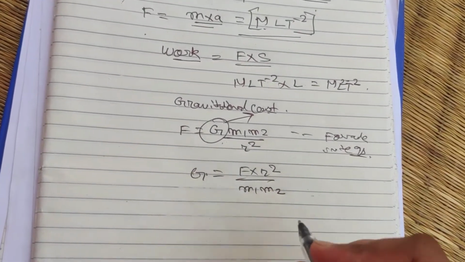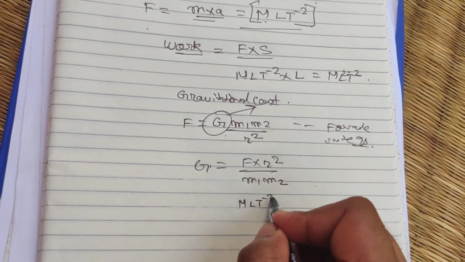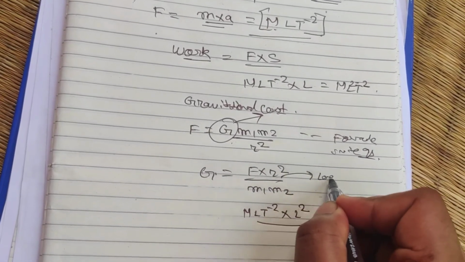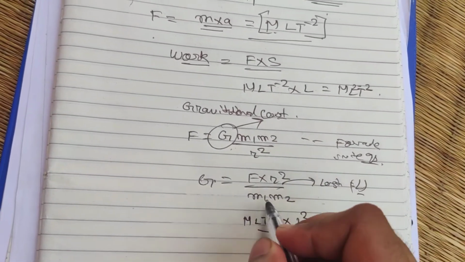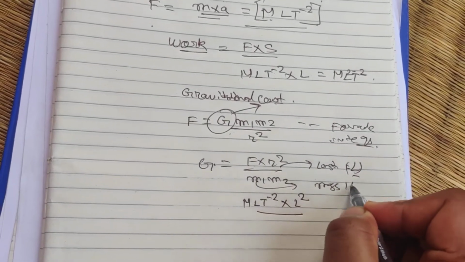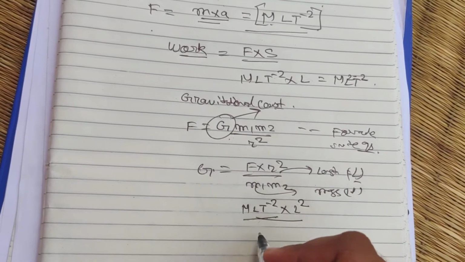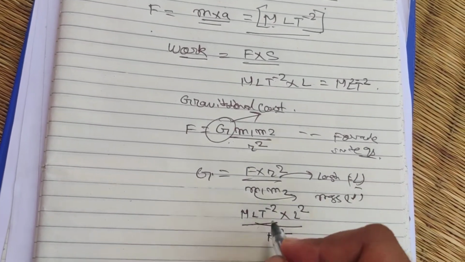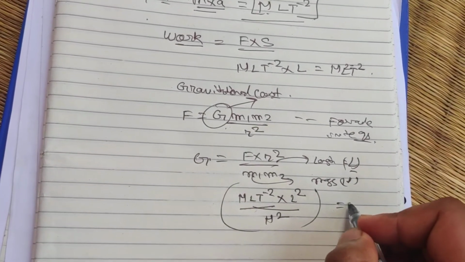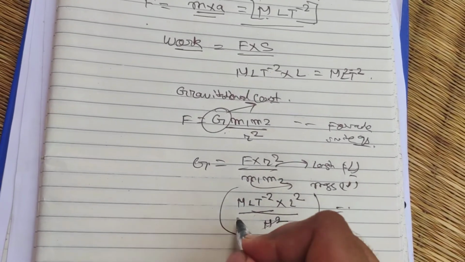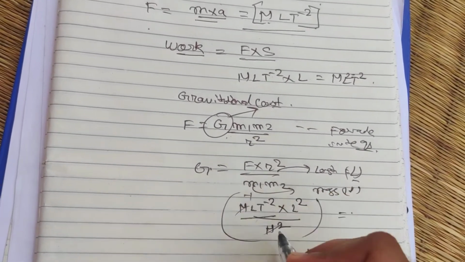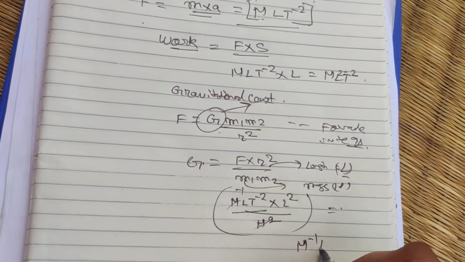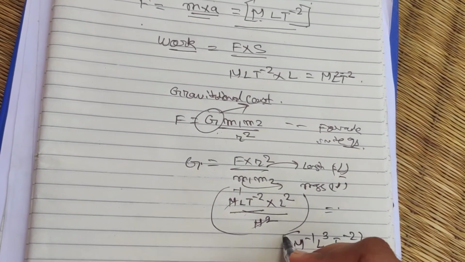So force is MLT to the power minus 2 into L square, r is taken as length L, and m is taken as mass M, so M square. By calculating this, it is equal to M to the power minus 1 L cube T to the power minus 2.